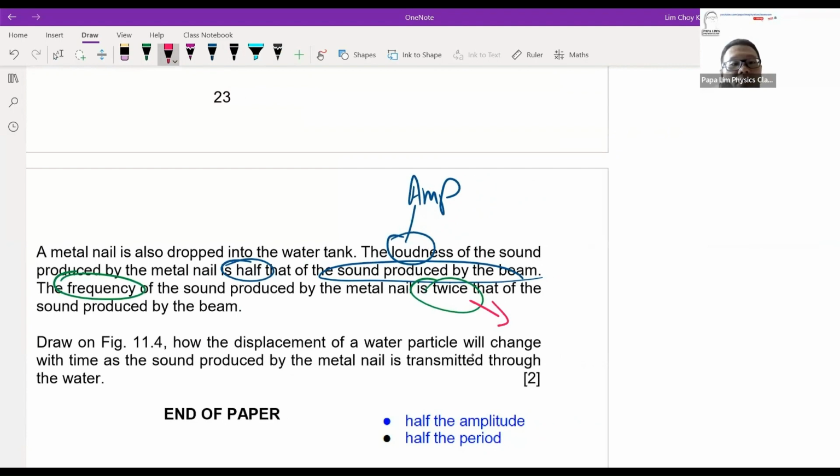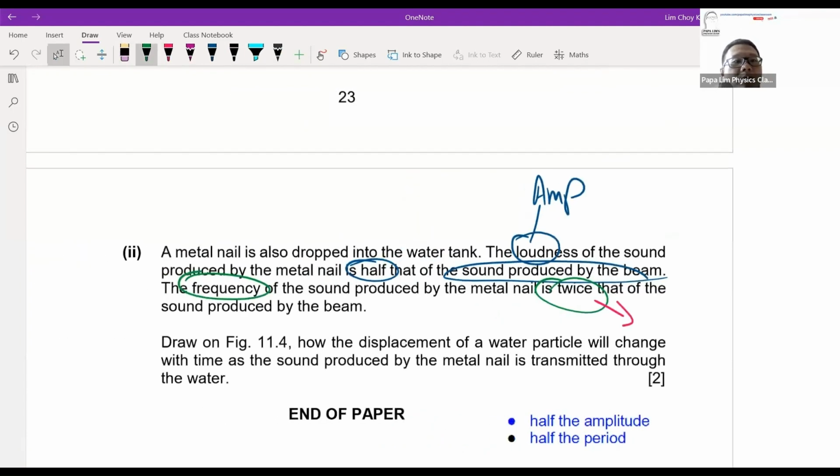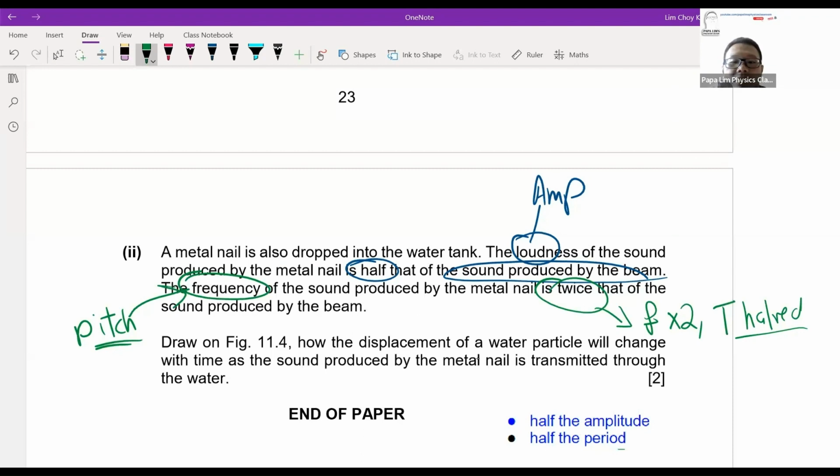And when we're looking at frequency, we are looking at pitch. So these two are related. When we say frequency or pitch is twice, it will mean the frequency is twice, and it will mean that the period is half.